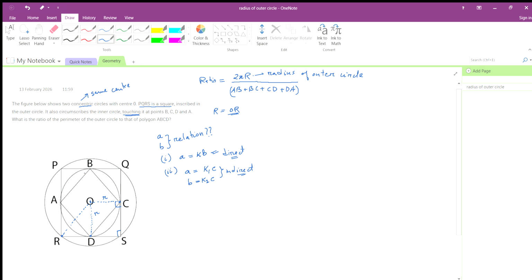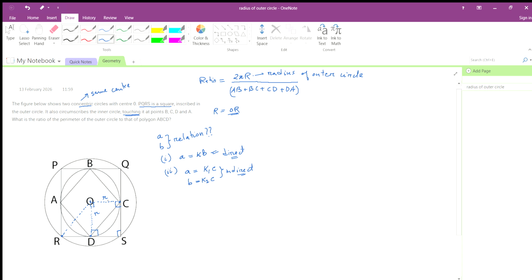Tangential means touching at only one point. And there is a property of circles which states that the radius is perpendicular to the tangent at the point of contact. Similarly, this is also 90 degree. Three angles are 90 degree in a quadrilateral, so obviously the fourth angle will be 90 degree.